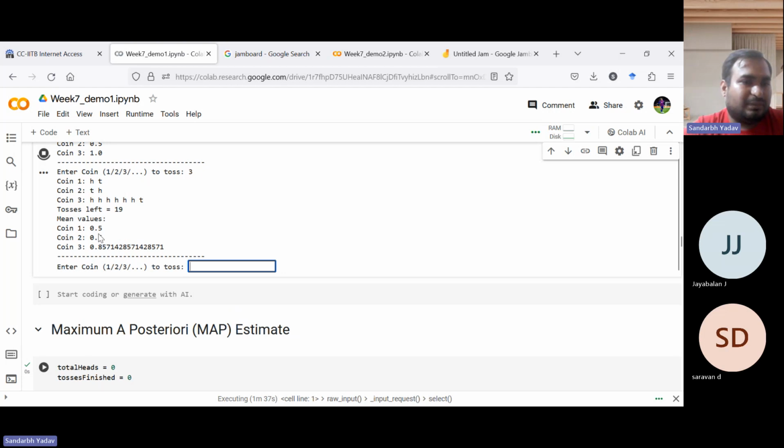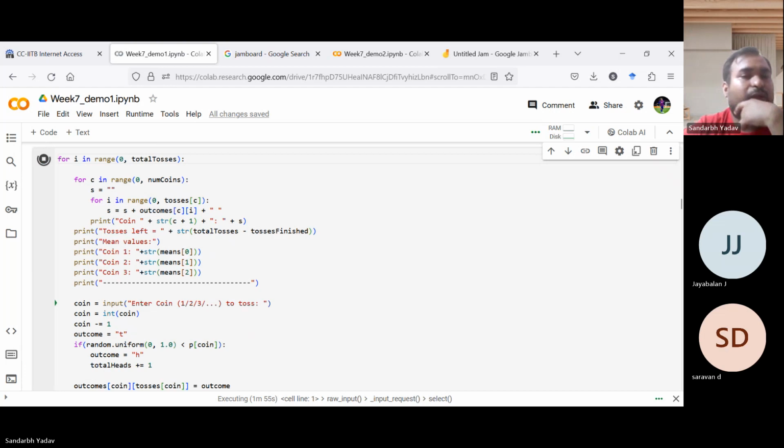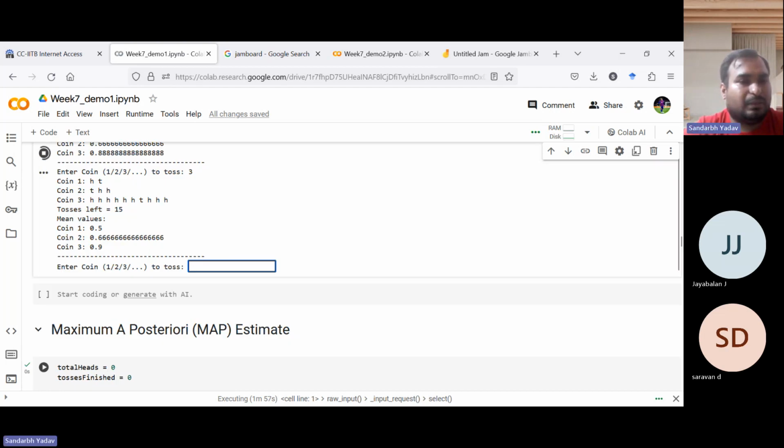But who knows, let's try coin two one more time. Maybe it got unlucky. Yeah, coin two gave head. So now you can move back to coin three and keep being greedy with it. It is giving you more heads. See, almost 9 out of 10 heads.